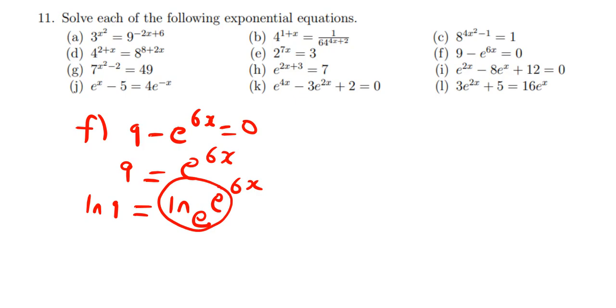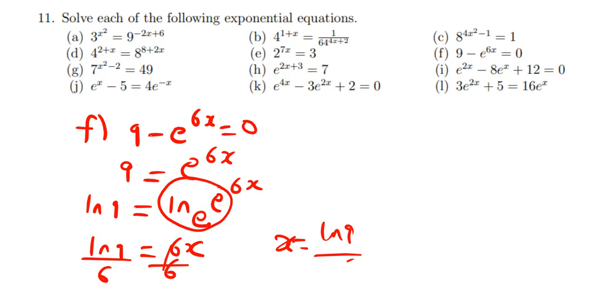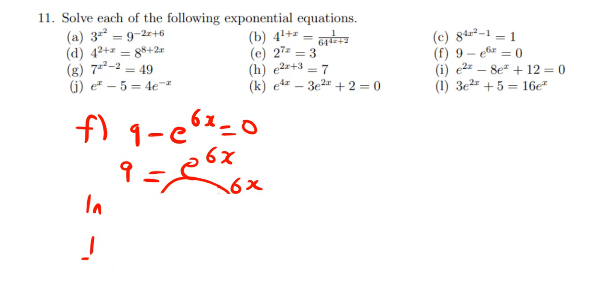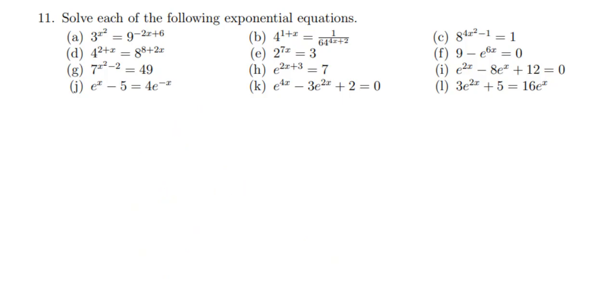Then we have natural log of 9 is equal to 6x multiplied by 1, which is the same as 6x. For me to remain with x, I'm going to divide by 6 on both sides. Therefore my x is equal to natural log of 9 over 6. So that's how we solve that. Okay, let's solve g.